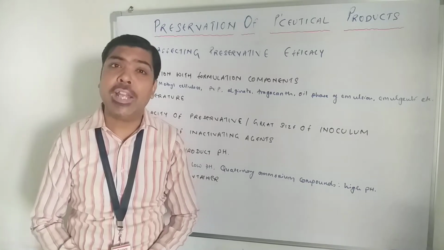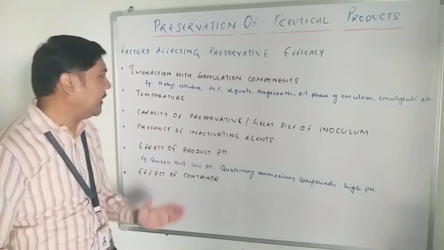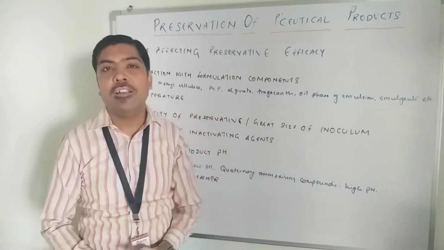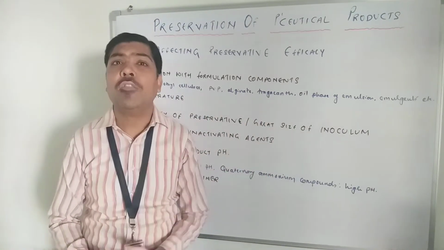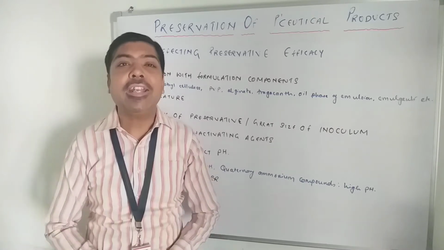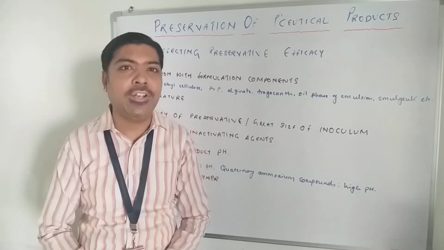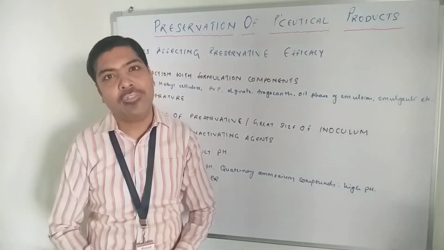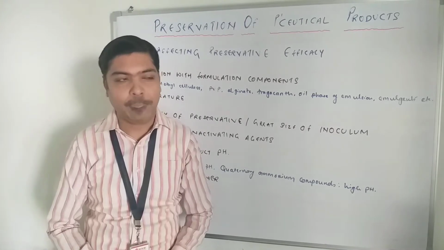For example, if we have added methyl cellulose, polyvinyl pyrrolidone, alginate, tragacanth, oil phase of emulsion and emulgents, these are a few examples that can easily interact with the preservative, and because of that interaction, the efficiency of the preservative can be reduced.